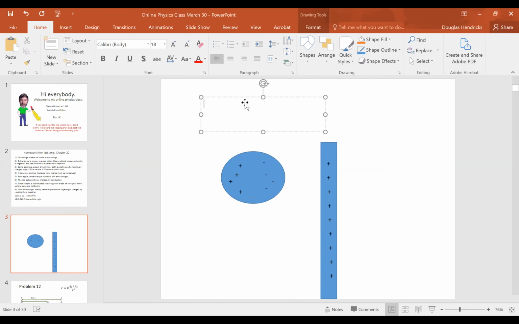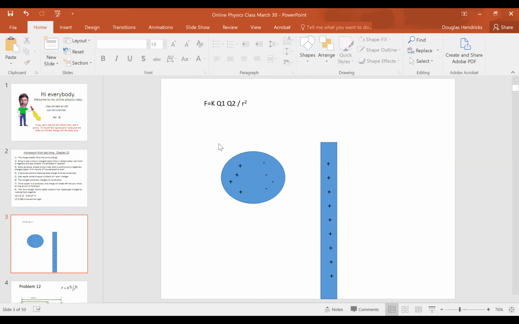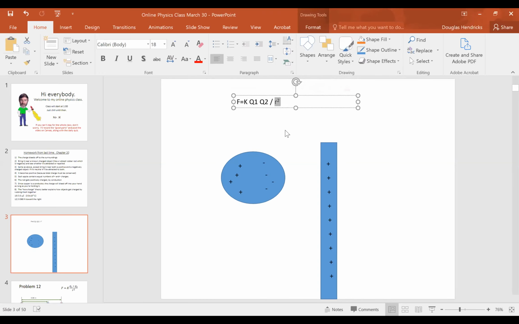What's the equation for the force? It's equal to K times Q1 times Q2, all divided by R squared, right? If this is the equation, notice down on the bottom, the R squared, that's the important thing. These negative charges have all moved over closer to the rod.